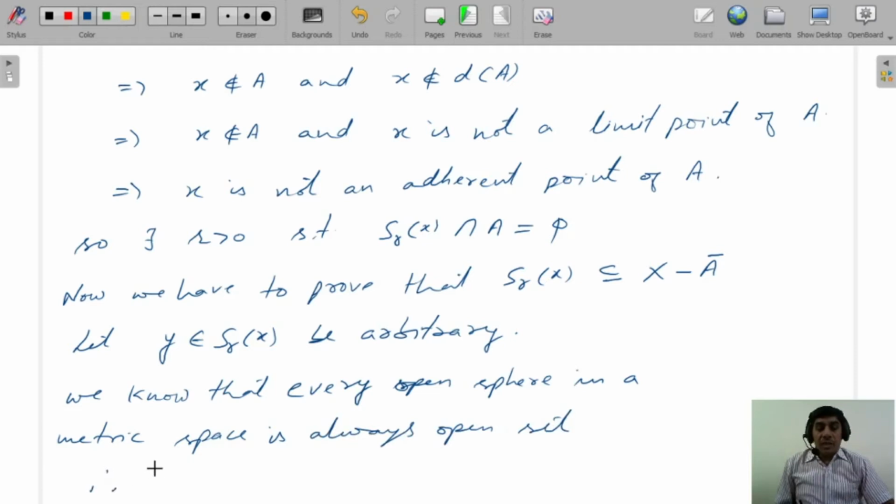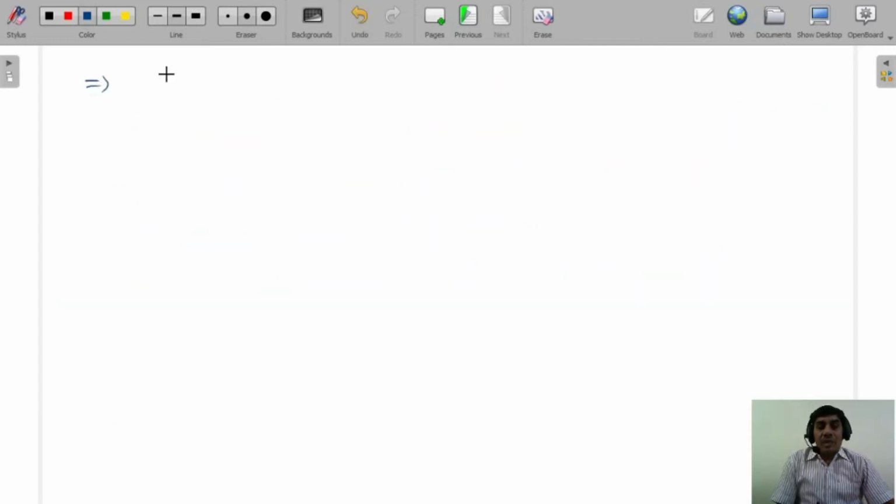Therefore, S_r(x) is an open set. This implies S_r(x) is a neighborhood of all its points.